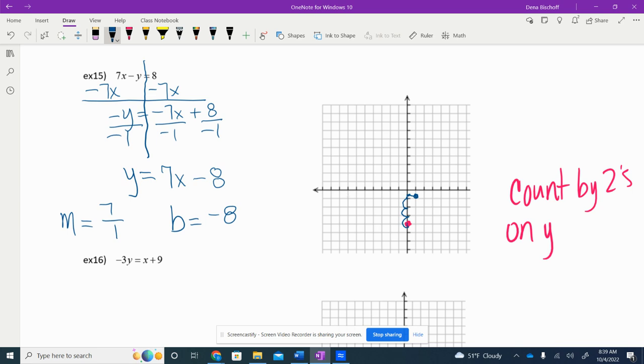Up a half plus 2, 4, 6, over 1. And then I'm going to do it again. Up 2, 4, 6, and then a half, over 1. I'm going to do it one more time. A half and then 3 whole units over 1. Do you guys see how we had to manipulate that graph to make our slope work?